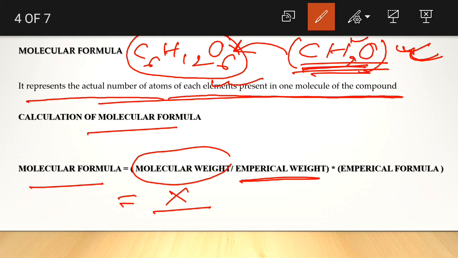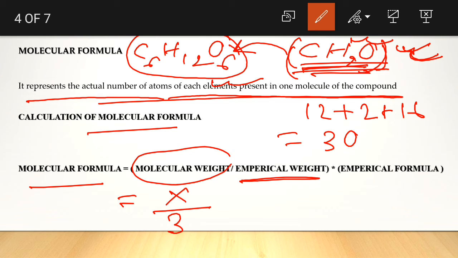So the empirical weight of this molecule will be 12 plus 2 plus oxygen 16, so it will be 30. So you will have to divide this by 30, into the empirical formula CH2O. So if you know the molecular weight of the molecule, then you can determine the molecular formula as well.